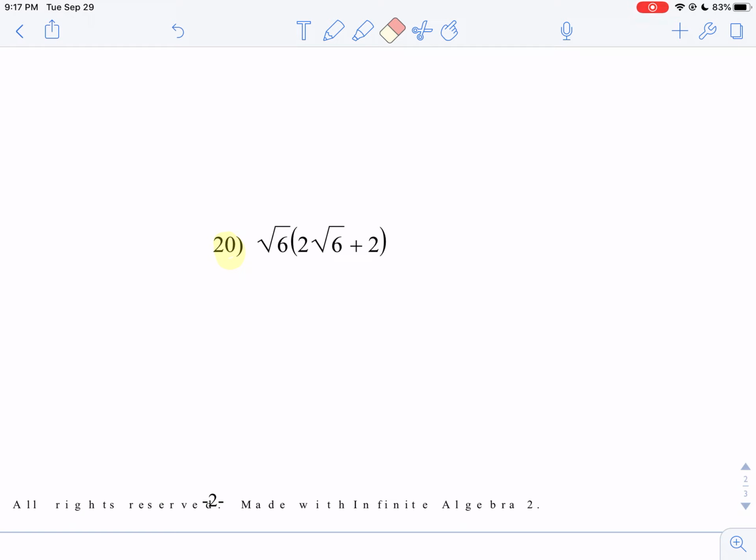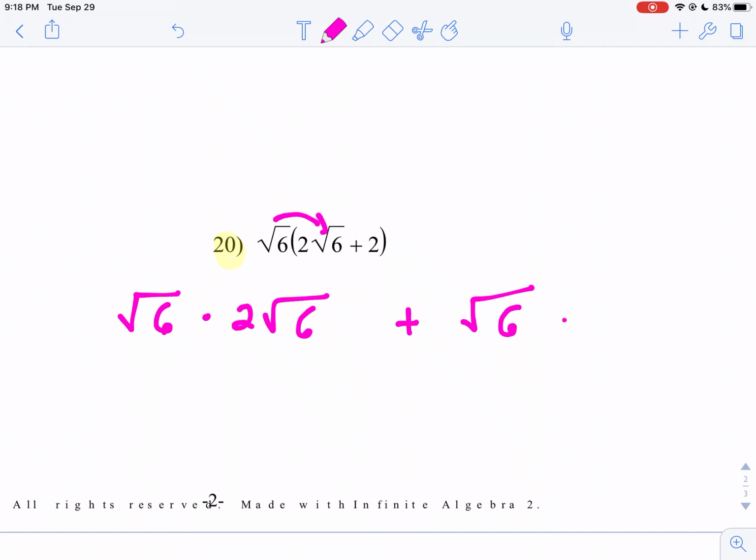When I distribute, I will have a radical 6 times a 2 radical 6. That's the first distribution. The second distribution is a radical 6 times just a number 2 with no radical.